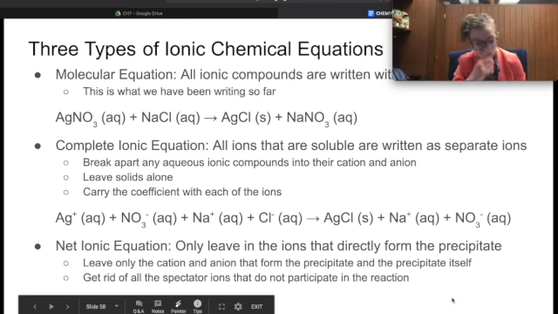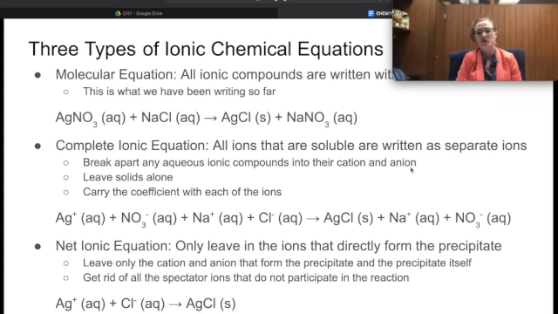So again, we get rid of all the spectator ions that do not participate in the reaction, and we only include the anion and the cation that form the precipitate itself. So here I just have Ag plus Cl minus makes AgCl.